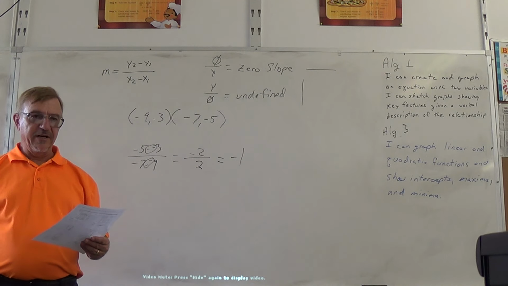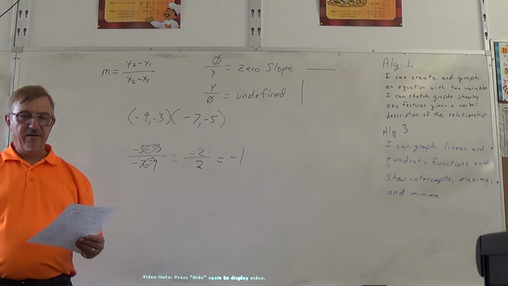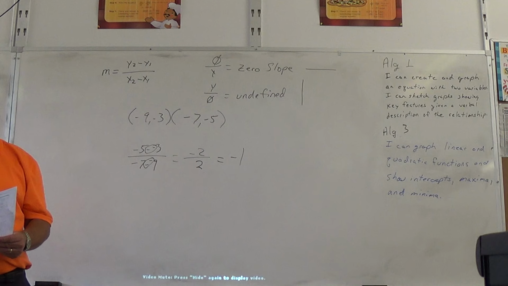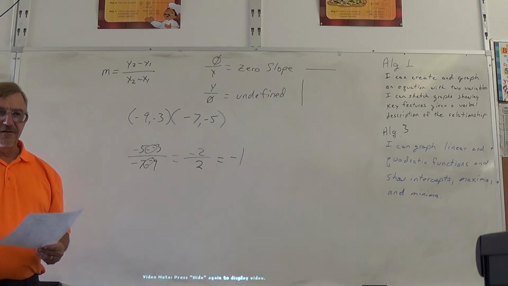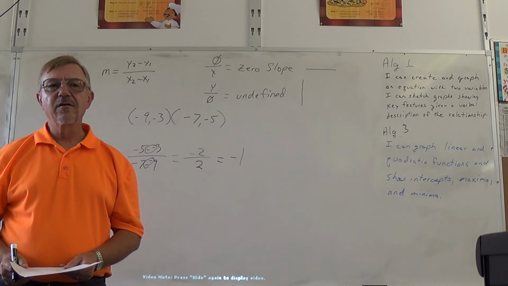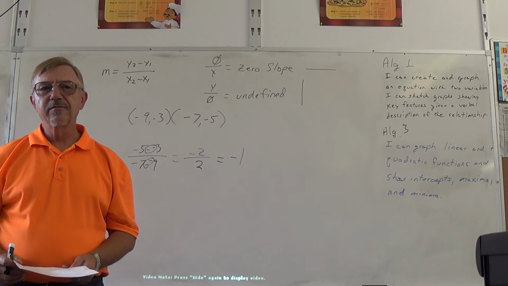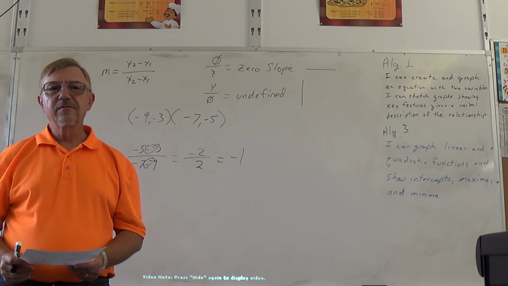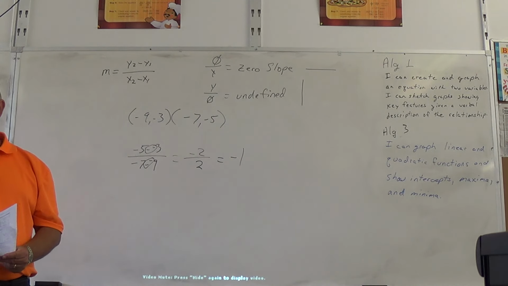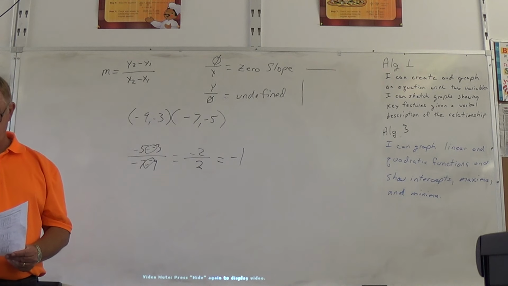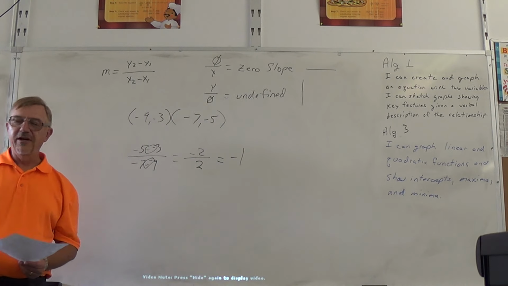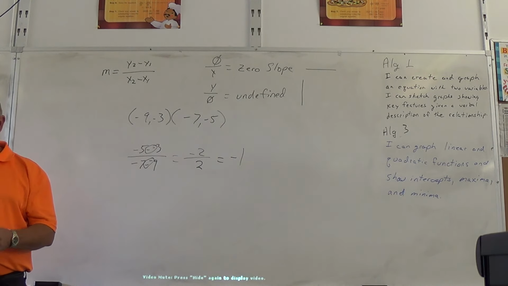Is that positive or negative? A negative slope, so it'd be -1. Okay, number 12, Jacob. 2 over 4, and you can reduce that to 1 over 2. Good job.